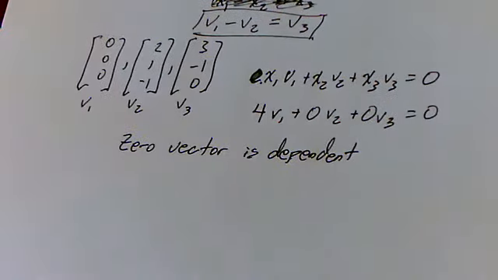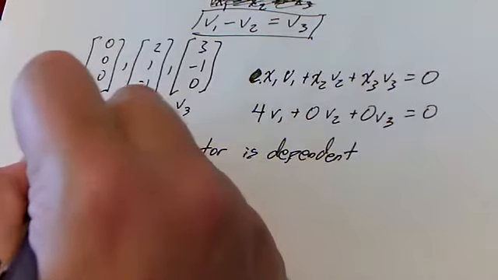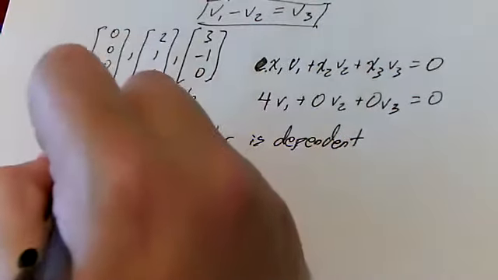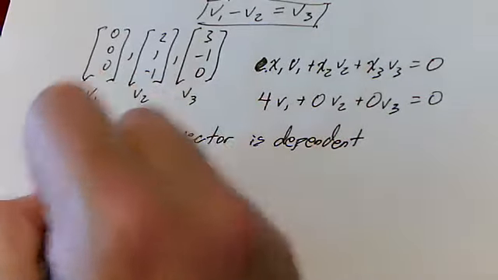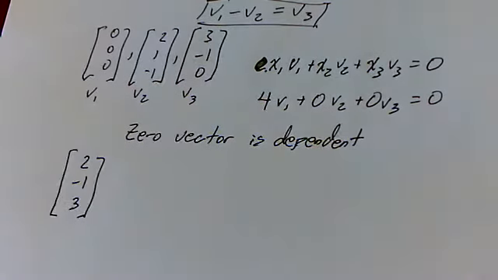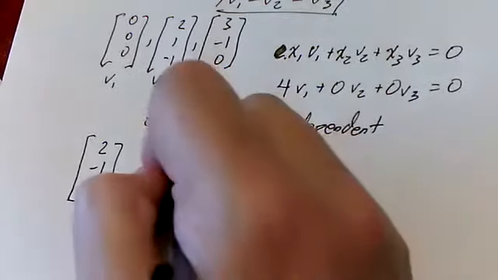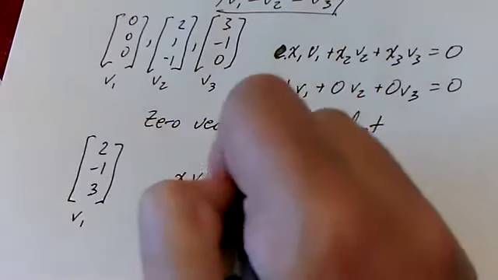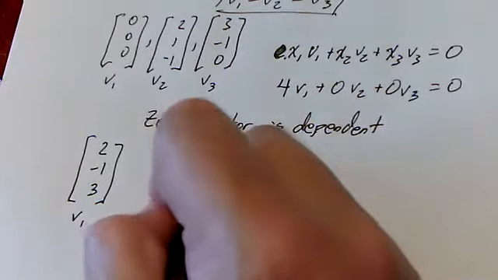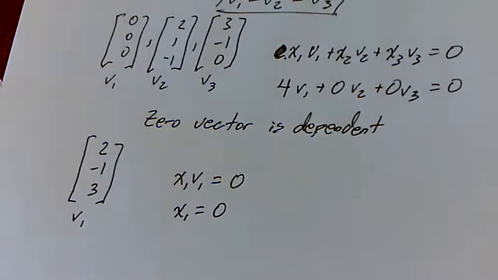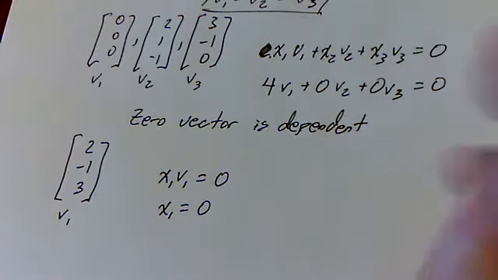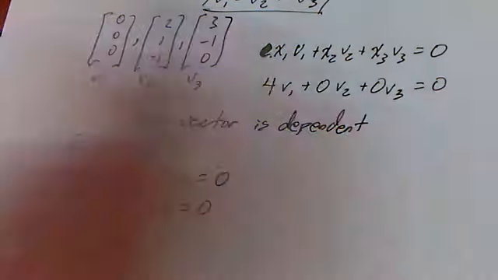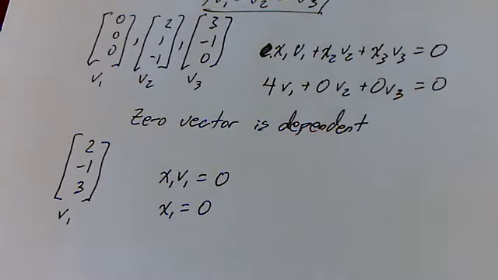Okay, now another property is I just have a single vector. So let's make our vector whatever we like, 2, -1, 3. Nice vector. Is that vector independent? Well, if I do x1 v1, because I only have the v1, and I set that equal to 0, the only thing x1 can be is 0. Okay? So any single vector, I don't have anything to offset it or to cancel it out, right?